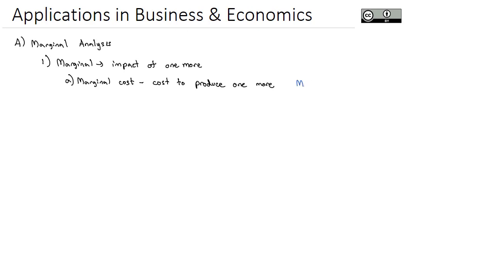Marginal cost you'll see represented with MC of x. But what that really means is we just take the cost function and we take the derivative to see how fast it is changing at that instantaneous point.